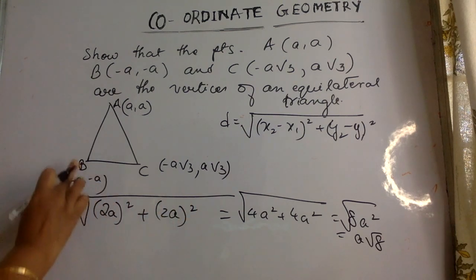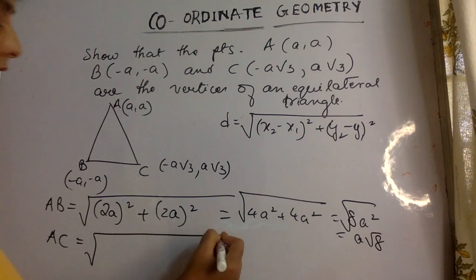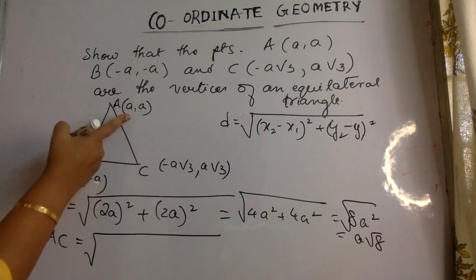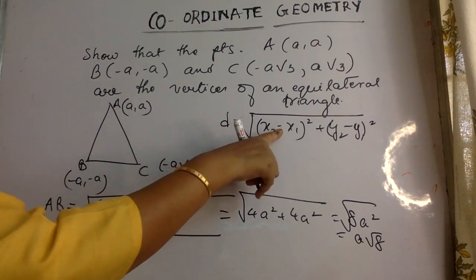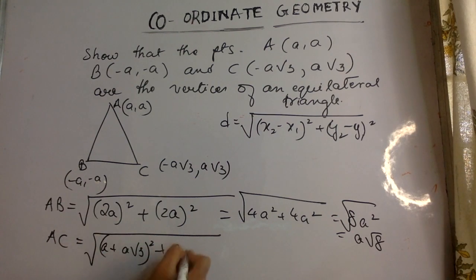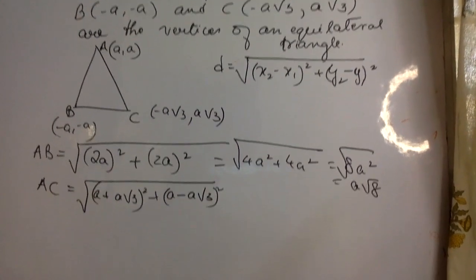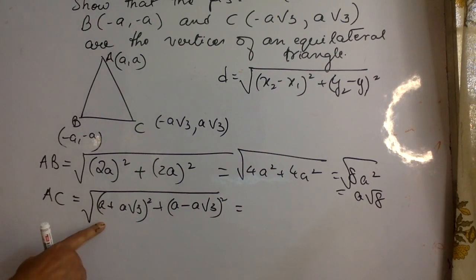Now let me come to AC. What is the value of AC? Again root over (a minus (-a√3)) whole square, and this minus changes to a plus, so a plus a root 3 whole square, plus (a minus a root 3) whole square. Now we are going to use (a plus b) whole square over here.